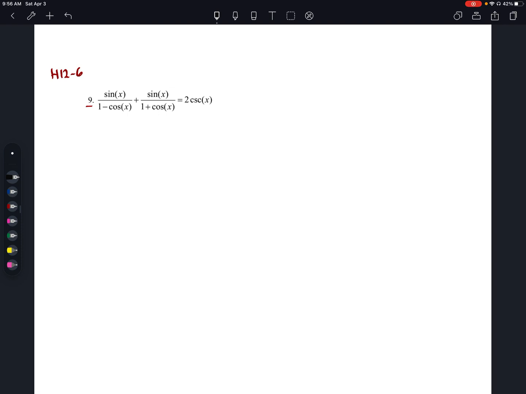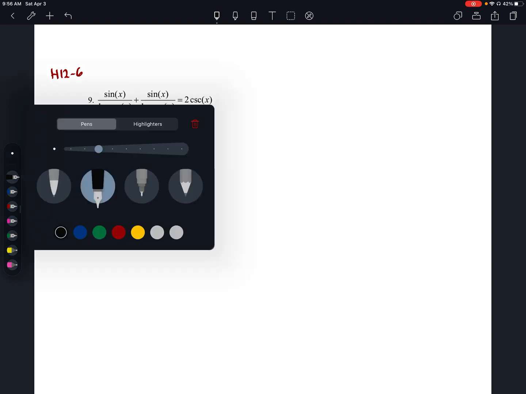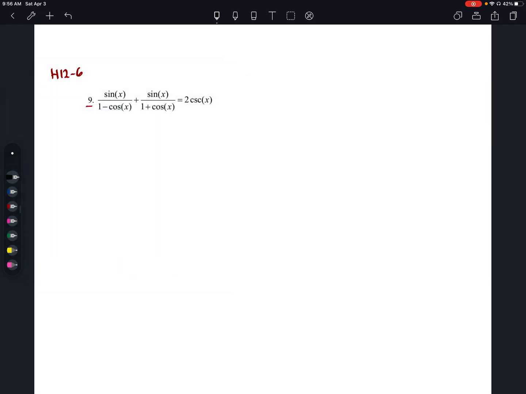Our common denominator would be 1 plus the cosine of x times 1 minus the cosine of x. So we're going to have to multiply each side of that fraction by the expression that it's missing. So our left fraction right now would be over 1 plus the cosine of x times 1 minus the cosine of x, and on the top we would have a 1 plus the cosine of x in parentheses times the sine of x.